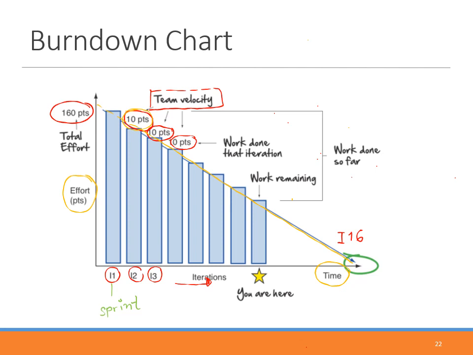This is the work remaining after some sprint, and suppose we are here, we know that this is all the work remaining, and this part is the work that has been done so far from iteration number 1 to iteration n. So from n iterations we have done this much work, and then we require this amount of work to be done later, in later sprints.